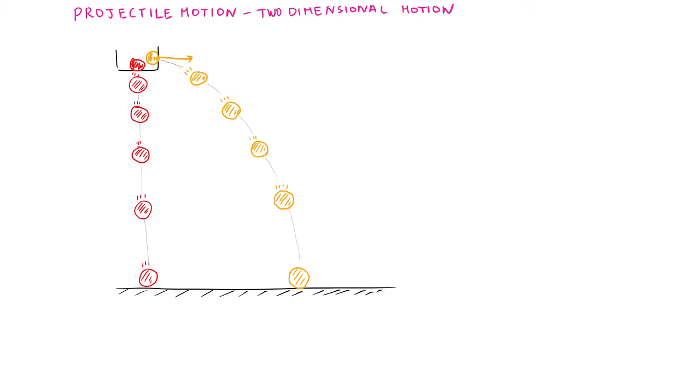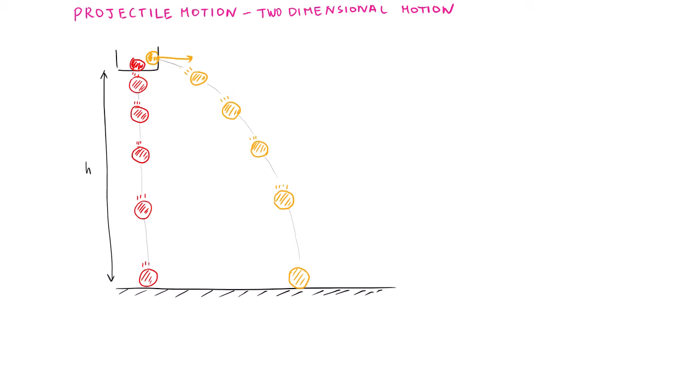Neither ball has any initial motion in the vertical direction, and both fall a distance, let's just call it the distance h here, and they fall that distance in the same amount of time.